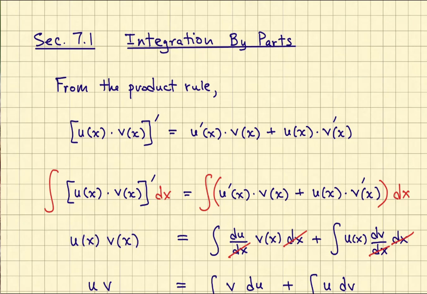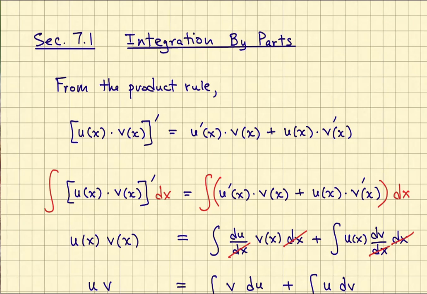times v of x. And on the other side, if we rewrite this in Leibniz notation, u prime of x as du dx, we leave the v of x alone, we distribute the dx, so we split this into two integrals. Then we'll have the integral of du dx times v of x times dx, plus the integral of u of x times dv dx times dx.